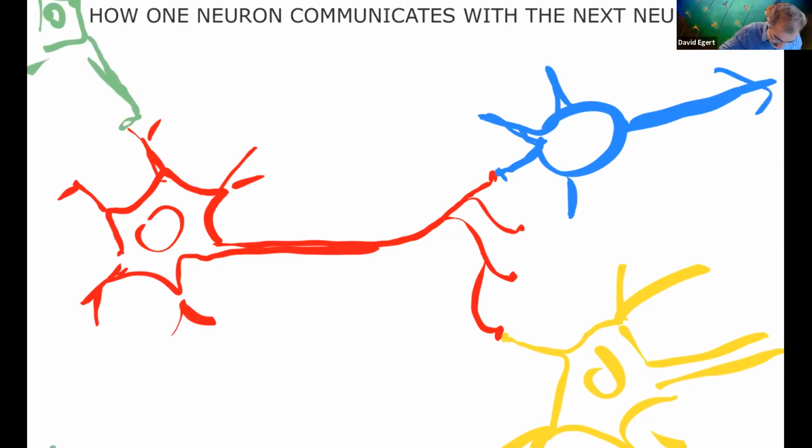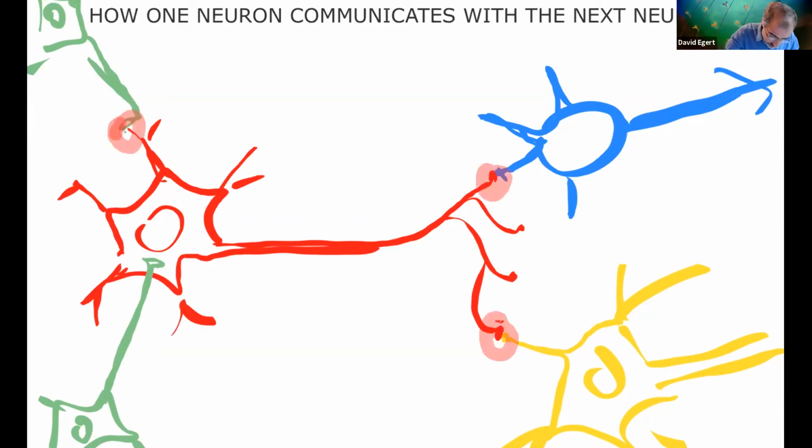Or I can have another neuron, and I can actually have the bouton on the actual soma. So each of these little things I'm drawing here, these are my synapses. These are the little places where one neuron is talking to the next neuron.